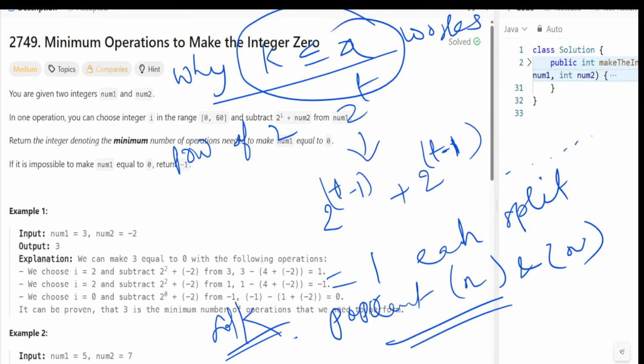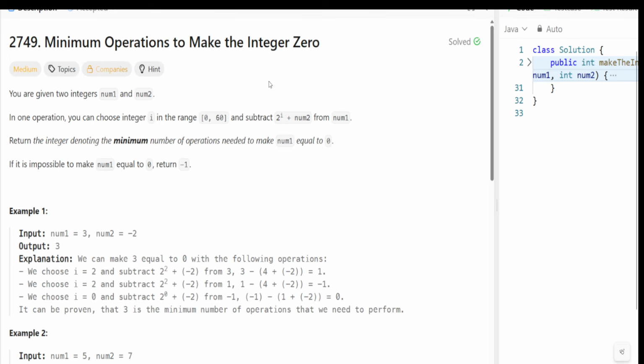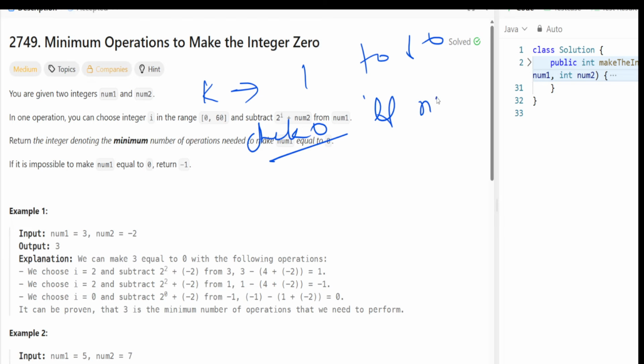I hope you understand. So the algorithm is very simple. What you need to do is take k from 1 to 60. If you take num1 equal to 0, you have to compute x as num1 minus k into num2.